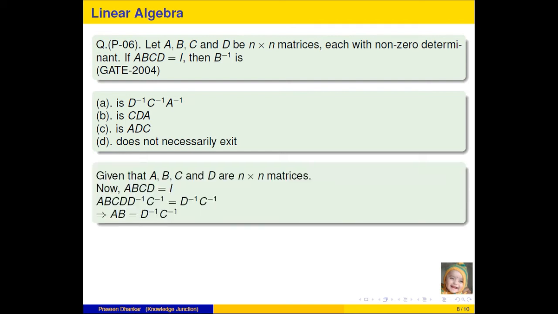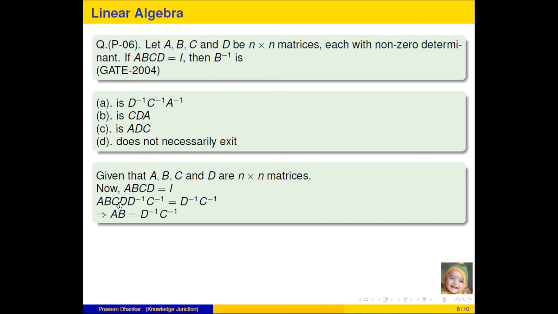Given that A, B, C, D are n by n matrices, so ABCD equal to identity matrix I. If we post-multiply by D inverse C inverse on both sides, I into D inverse C inverse comes to D inverse C inverse, and here D D inverse becomes identity, and then C C inverse becomes identity.